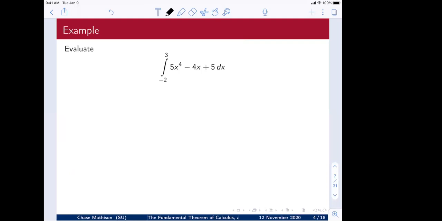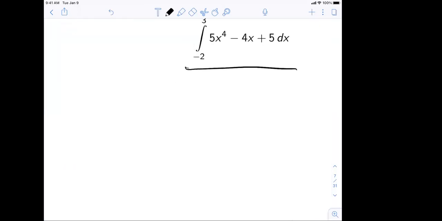Whenever we're finding a definite integral of a sum, especially if it's a polynomial, the first thing you usually want to do is break this up into its individual parts.